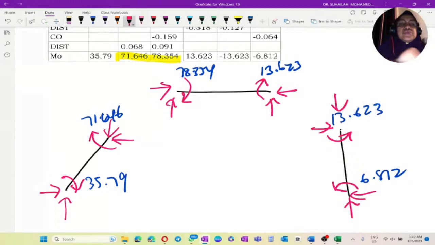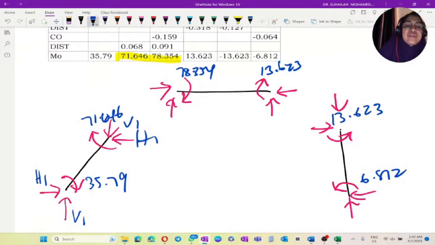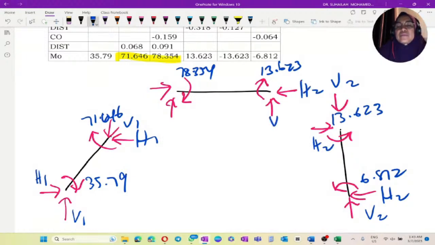Okay, so we label them as V1, H1, V2, H2.